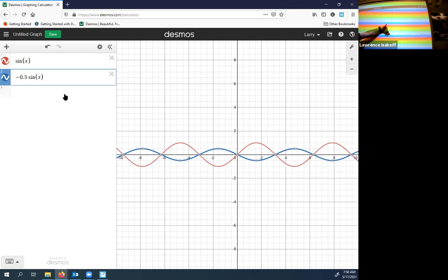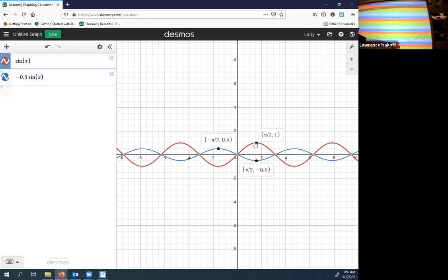When the red graph's going up, the blue graph's actually going down. When the blue graph's going up, the red's now going down. So here it not only squished it, cut that amplitude in half compared to before, but it also flipped it over the x-axis because of that negative in front.